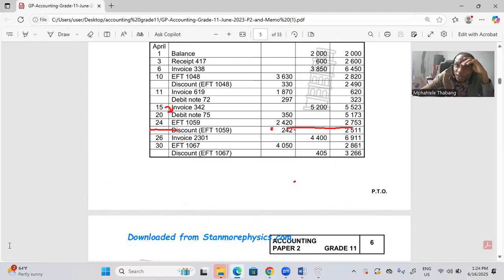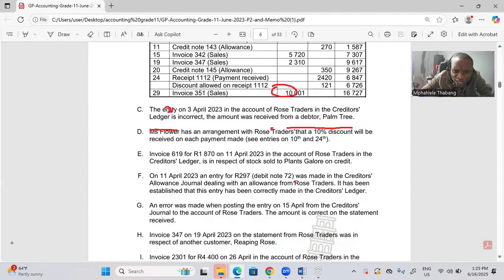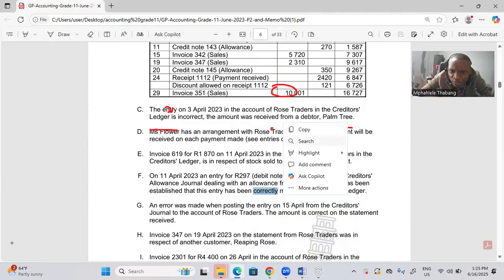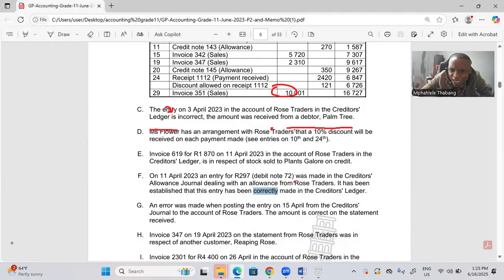Yes, this is the invoice they are talking about, 1,870, which is invoice 619, in the creditors ledger. Now they are telling us that this invoice is for the stock sold to Plants Galore on credit.